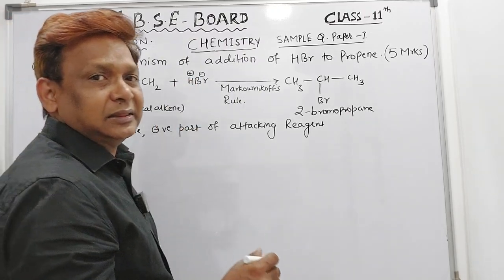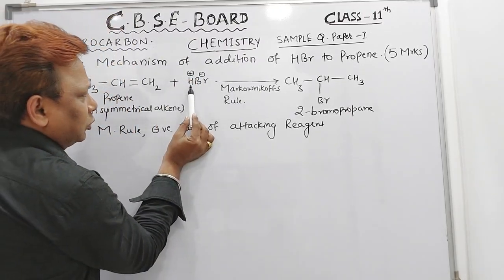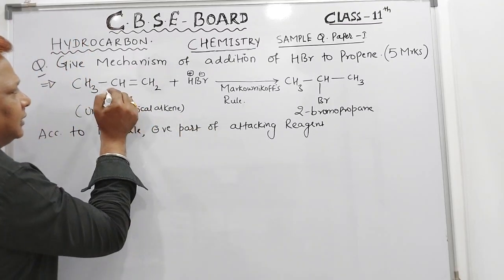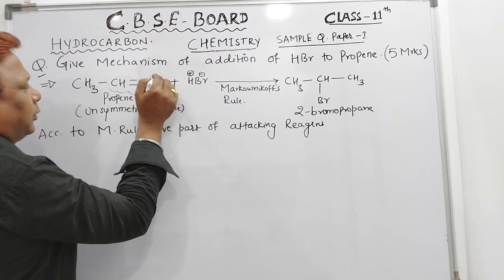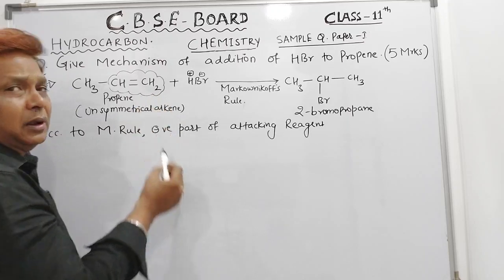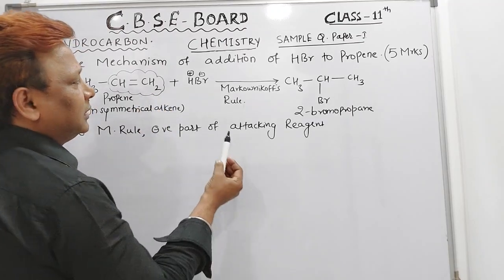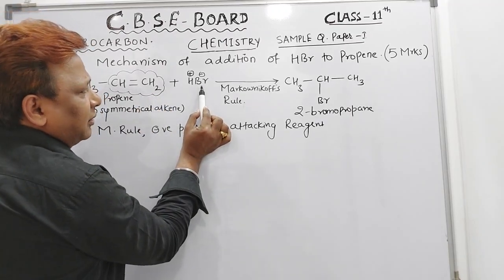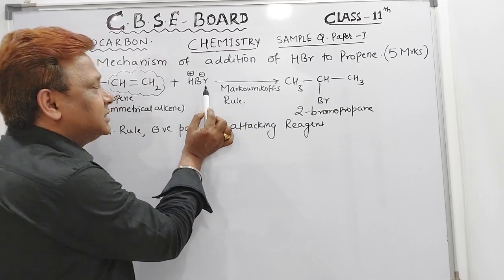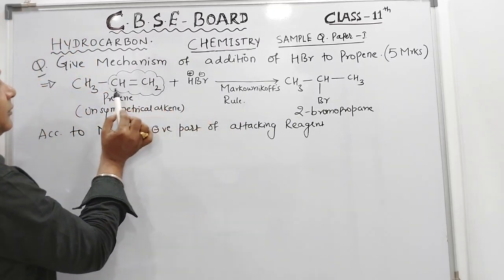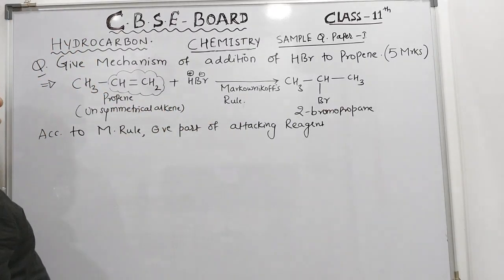Two possibilities are there. The positive part of the attacking reagent attaches itself to that double bonded carbon which has more number of hydrogens. And one more possibility: the negative part of the attacking reagent attaches itself to that double bonded carbon which has less number of hydrogen atoms.